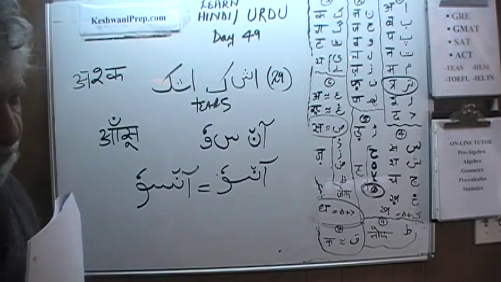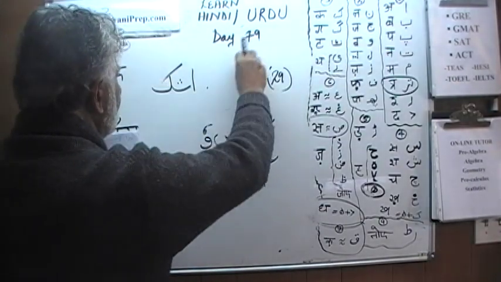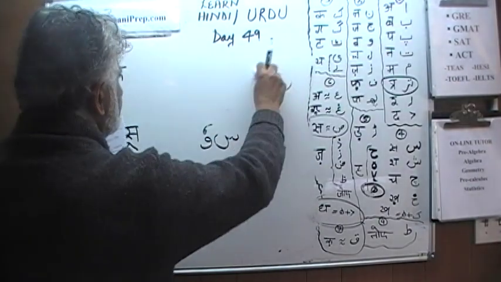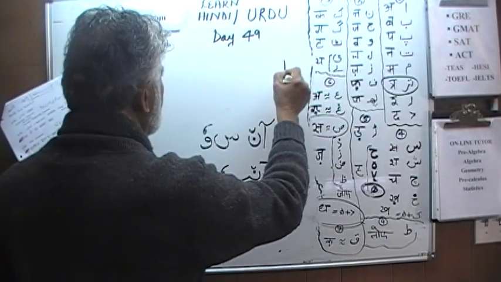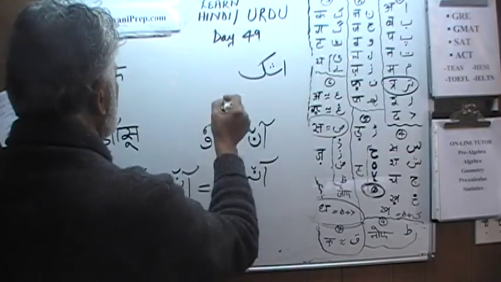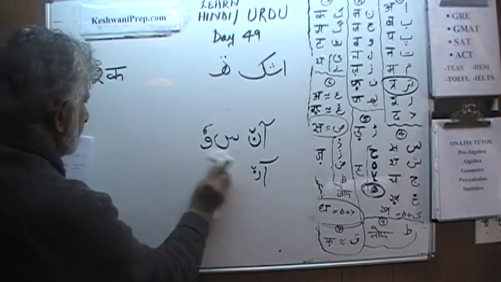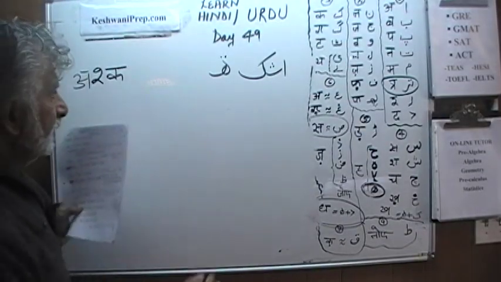That's the first word, ashk. Ashk means ansu. Ashk. That's a th.